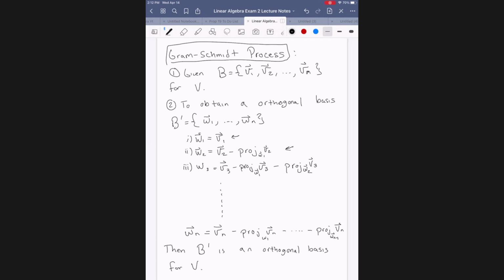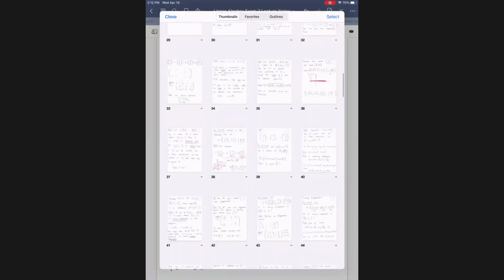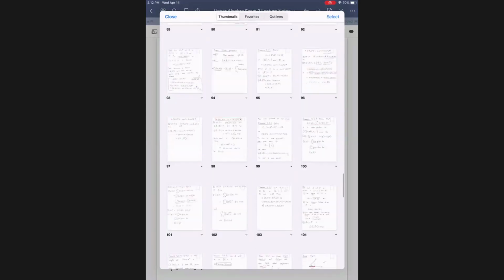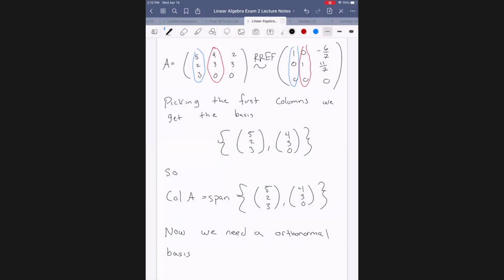So in our case over here, how many steps will we have for our Gram-Schmidt? Two, yeah, just two. So you don't have to worry about all that stuff.